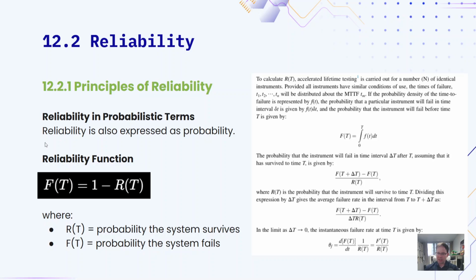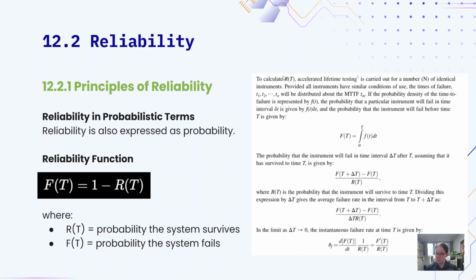Principles of reliability are, in probabilistic terms, reliability can be expressed in this way. F(t) is the probability the system fails. It would be 1 minus the probability the system survives. So over time, the probability of the system surviving is lowered. So the failure probability is higher, right? Raised.